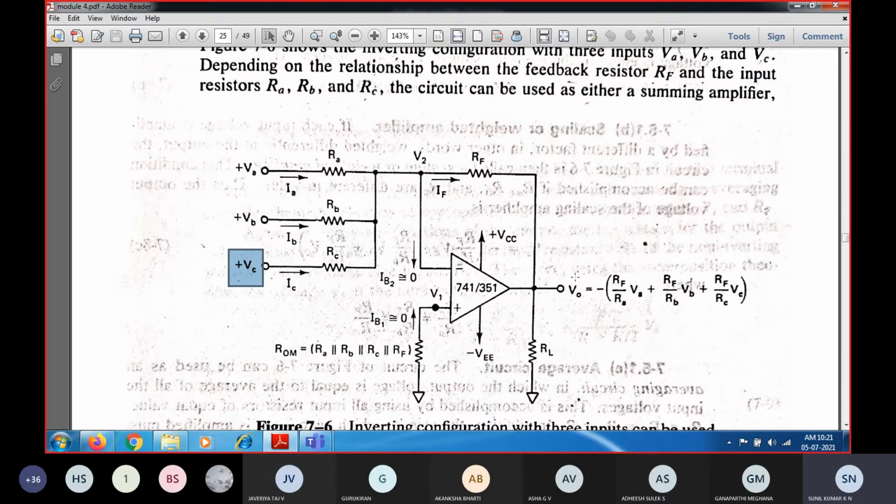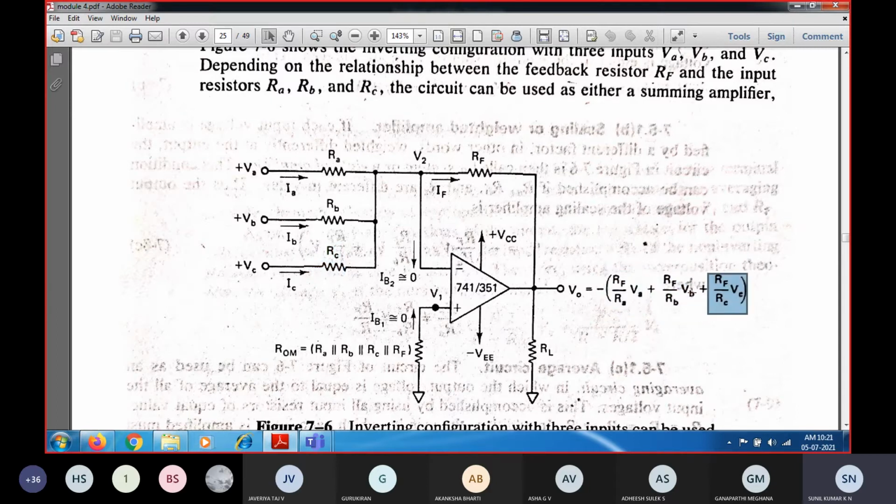So what will the output be? You know the output voltage for the inverting case: it is the feedback resistance multiplied with the input voltage source. Here there are three voltage sources, so V0 will be equal to minus RF divided by RA into VA, minus RF divided by RB into VB, minus RF divided by RC into VC.